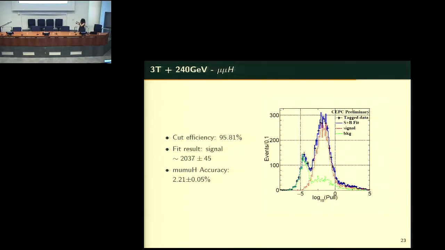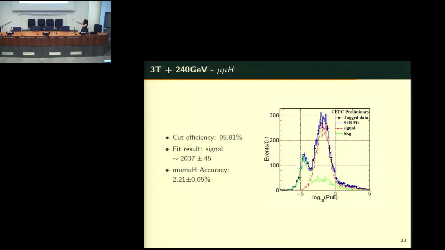So in the mu-mu-Higgs channel, similar studies have been made, with the signal studied with full simulation, but the background extrapolated from 250 GeV by a simple extrapolation to 240 GeV. But the accuracy has been better, because if you remember, in CEPC V1 at 250 GeV, the accuracy was 2.26.